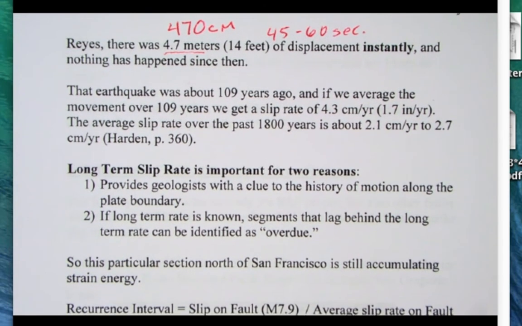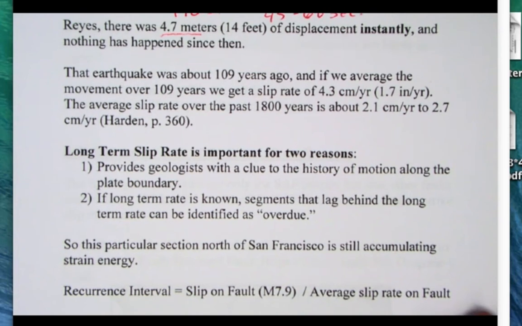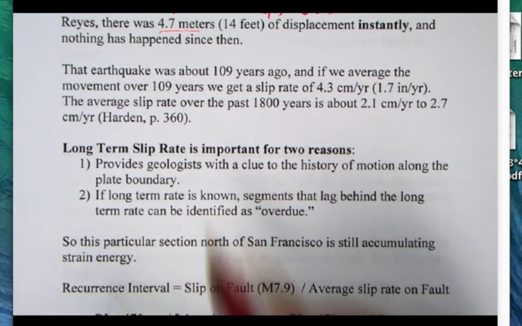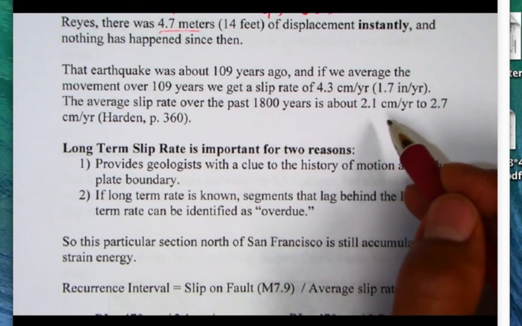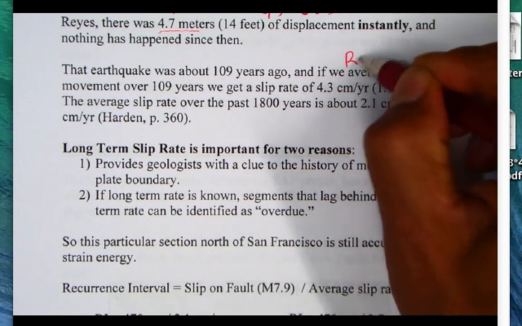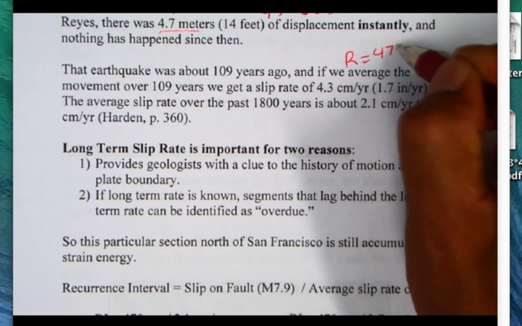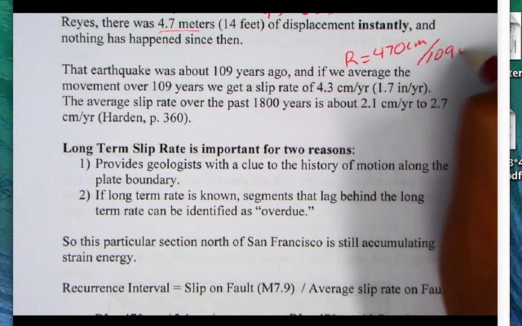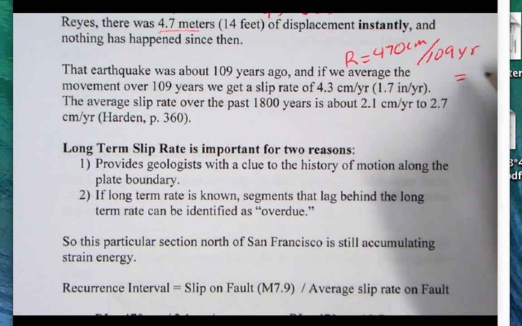And that earthquake was about 109 years ago. So if we kind of do the averaging, remember the rate's going to be the 470 centimeters over those 109 years. Well, you get the 4.3 centimeters per year, right?